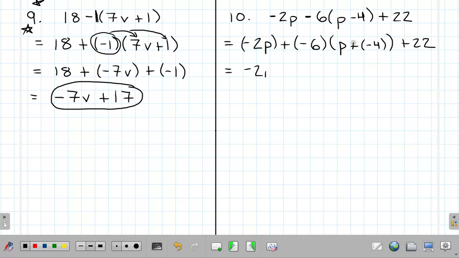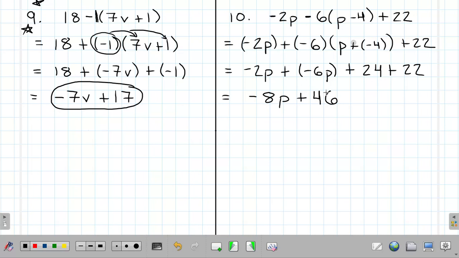So we still have the negative 2p plus negative 6p plus negative 6 times negative 4, which is positive 24, plus 22. And then once again from here, negative 2 plus negative 6 is negative 8p, plus 24 plus 22 gives us 46.